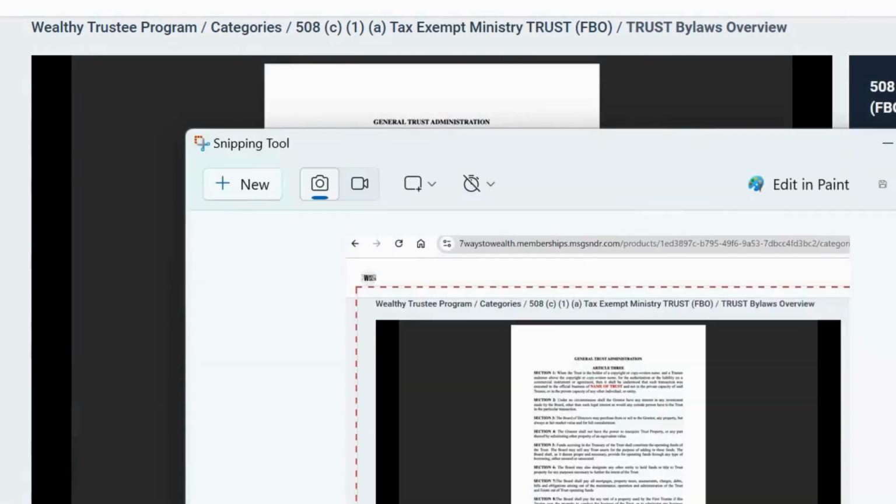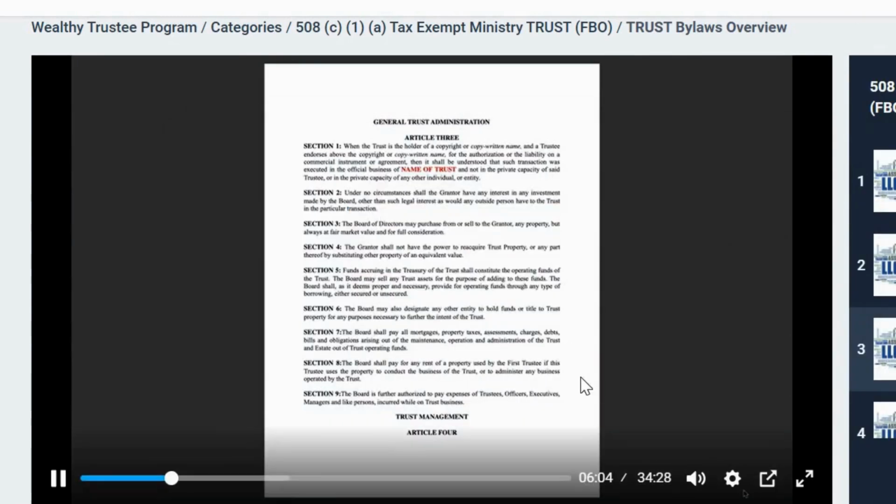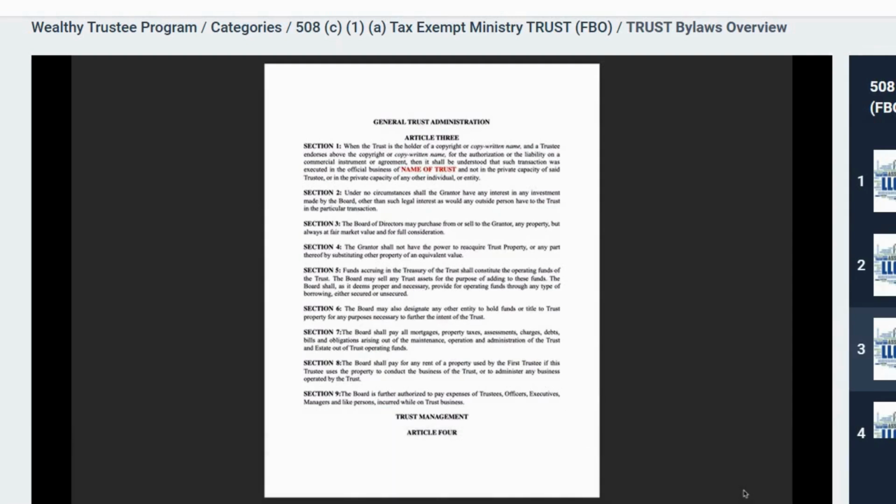Section 7. The board shall pay all mortgages, property taxes, assessments, charges, debts, bills, and obligations that arise on behalf of the trust due to maintenance, operation, and administration of the trust estate.